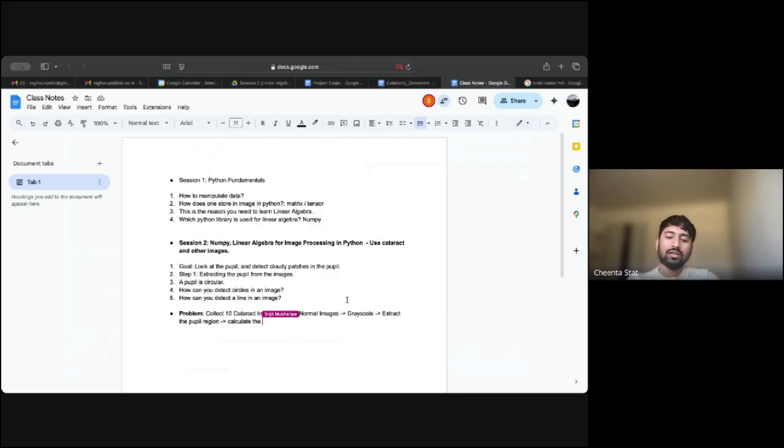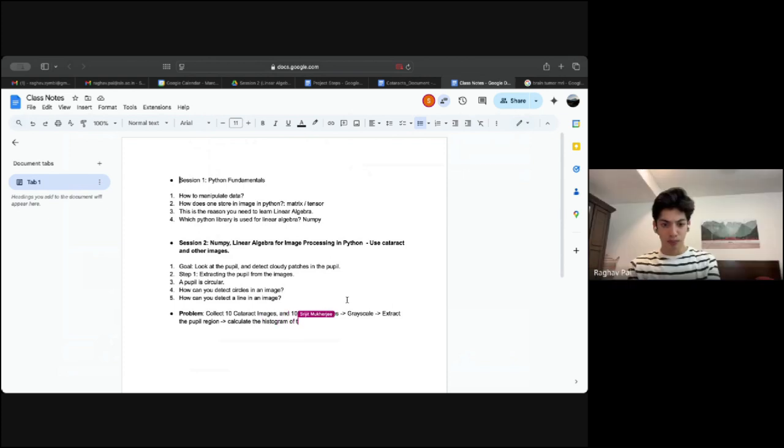Calculate the histogram. You know histogram? It's a plot, right?